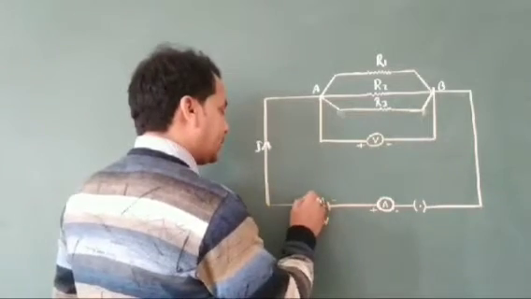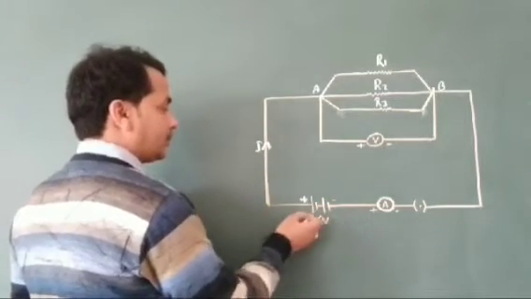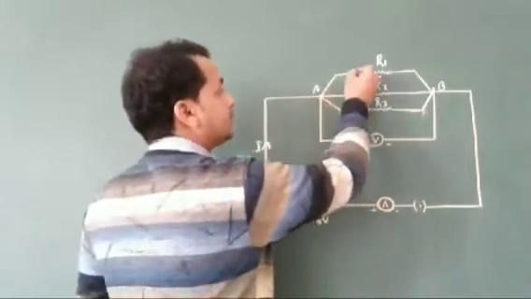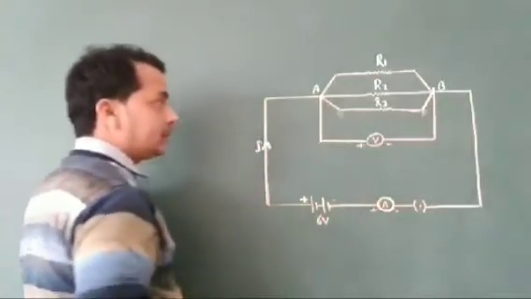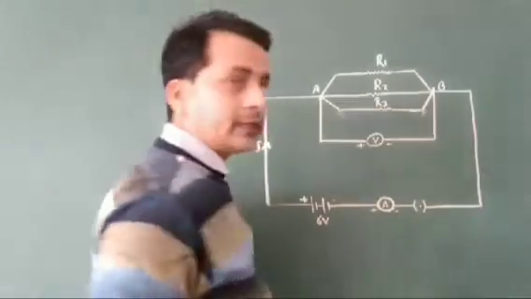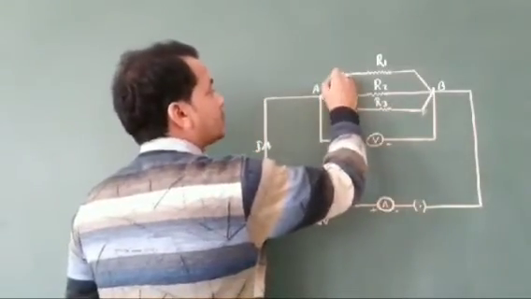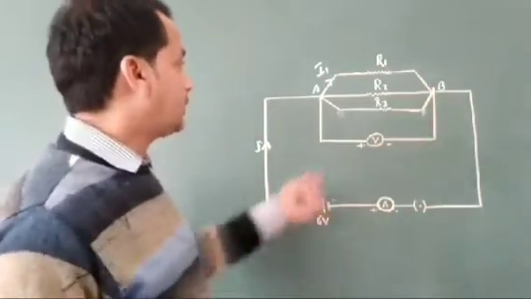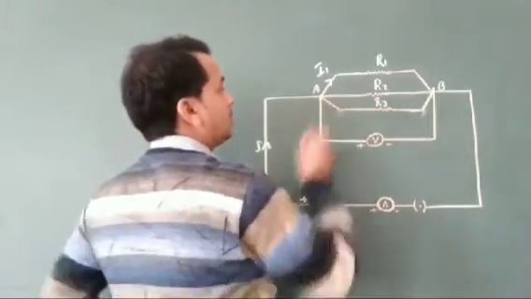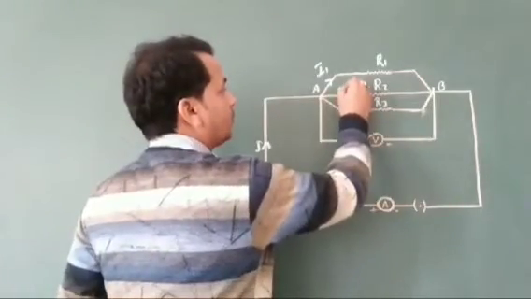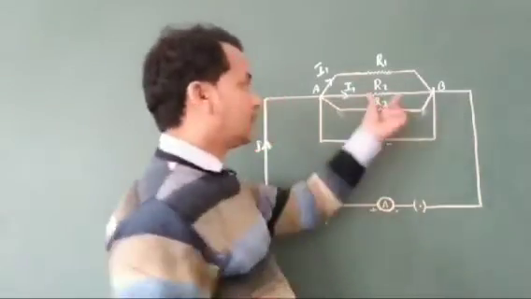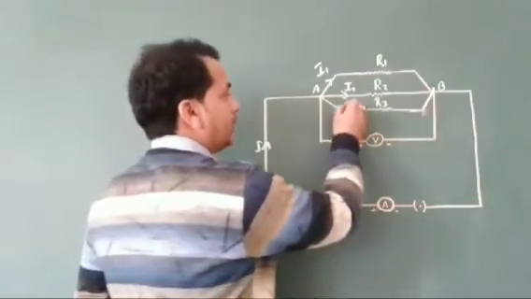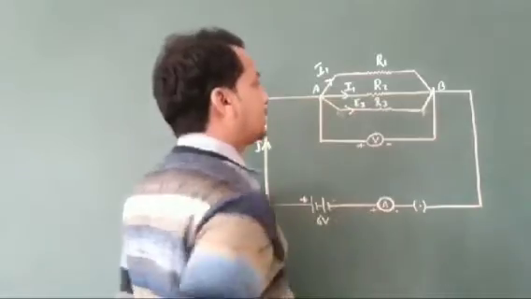The electric current flows from the positive terminal to the negative terminal. So the current is divided among the three resistors R1, R2 and R3. There are different currents. Suppose the current I1 flows across the resistor R1, the second current I2 flows across the resistor R2, and the current I3 flows across the resistor R3.